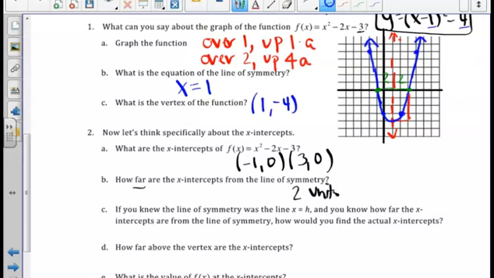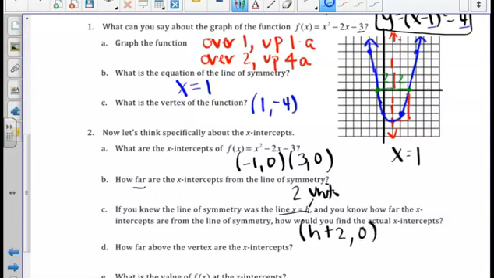If we always knew the line of symmetry was some line x equals h, and you know how far the x-intercepts are from the line of symmetry, for example, ours is 2 units away, how would you find the actual x-intercepts? We can take whatever that value is. Notice in our case that the axis of symmetry was 1, and if we take the 1 and add 2 to it, we should get 3.